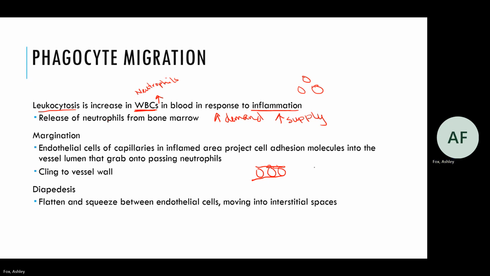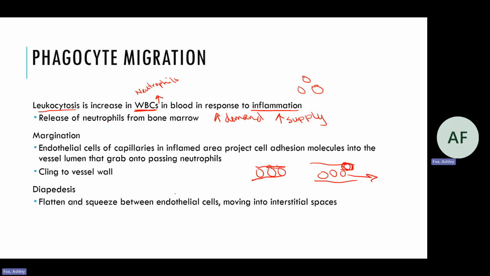So it's like sticking out their hand. So they stick out a hand into the vessel lumen and grab on to those neutrophils. So the neutrophils are then from kind of the middle of the vessel. Then they're grabbed and brought to the side of the blood vessel. And that's called margination. And they cling to the vessel wall so they don't just continue passing by. So the endothelial cells stick out their hands, they grab a neutrophil, and they bring it to the side.